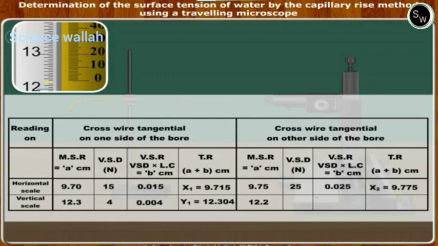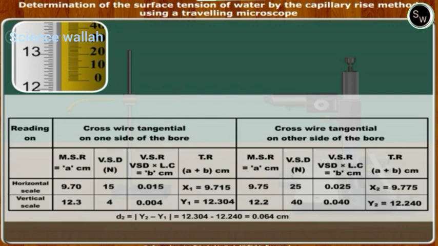A is 12.2, N is 40, B is 0.040, and Y2 is 12.240 centimeter. The difference, mod Y2 minus Y1, gives the diameter D2 is equal to 12.304 minus 12.240 is equal to 0.064 centimeter.